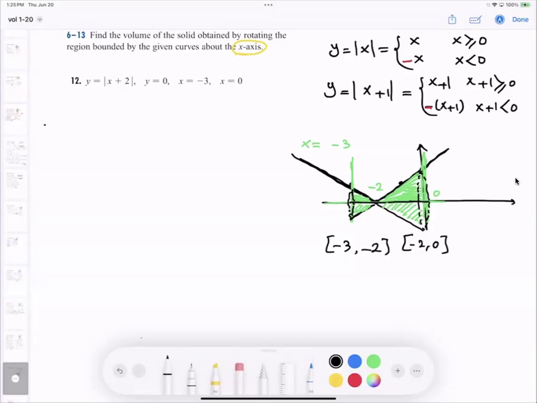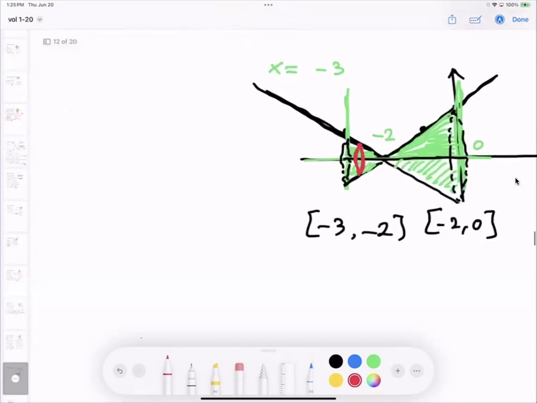So here you have the volume, which is the integral of. If you look at the cross section on this portion, you see the radius is located on the absolute value function.